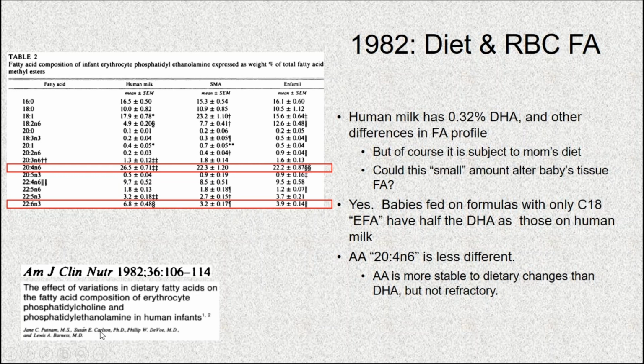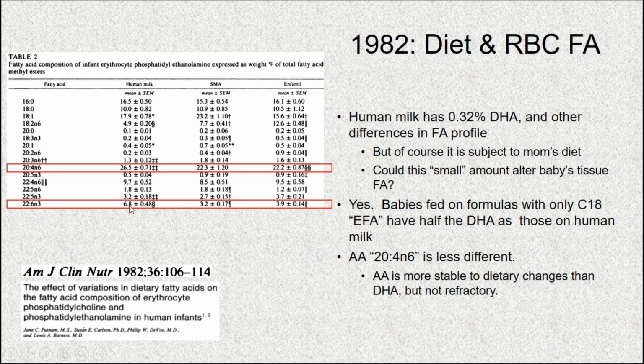Susan Carlson, who was a player in this area and still is since that time, looked at the fatty acid composition of infant red blood cells, and particularly their phospholipids, as a function of what they were being fed. And so in this column, there is human milk, and in these columns, there are formulas.